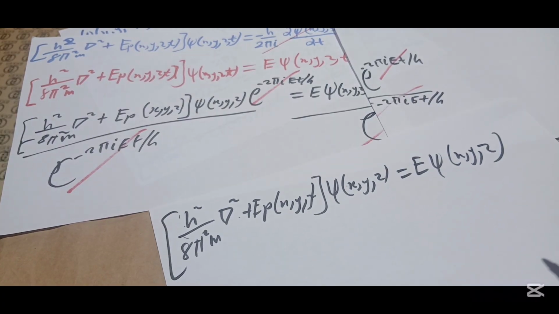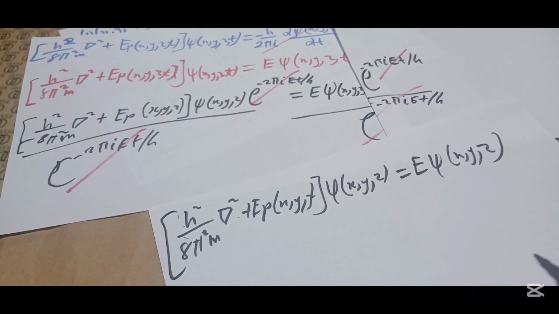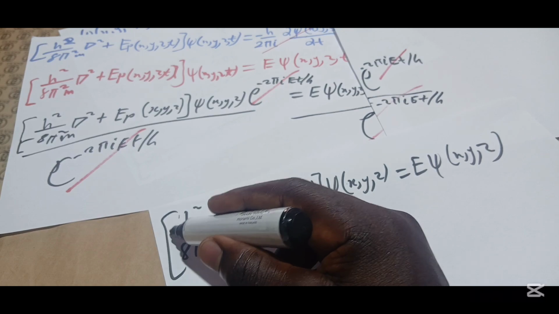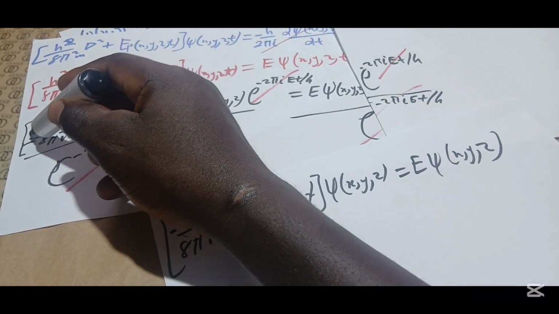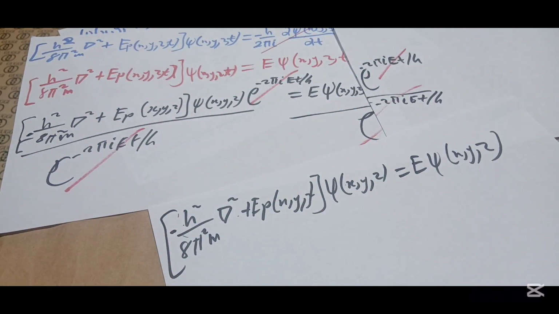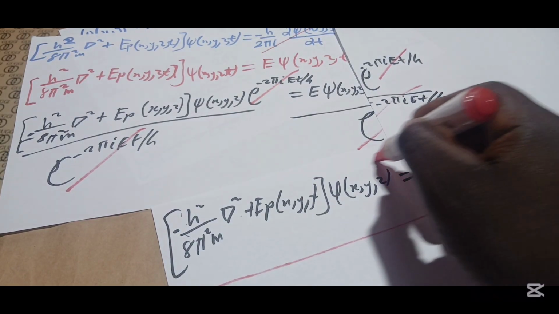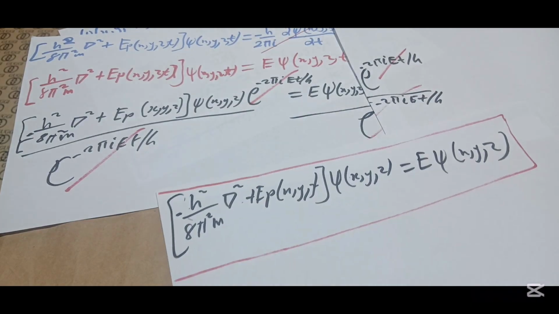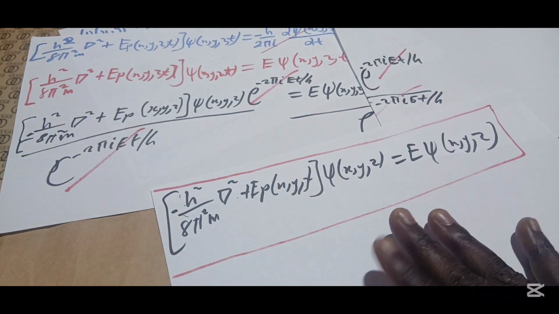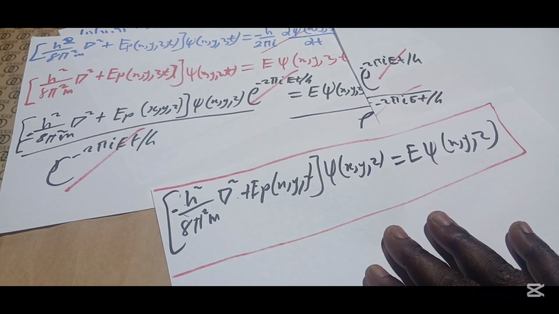So this right here is our time-independent Schrödinger equation. Don't forget to bring a negative sign here. This is our time-independent Schrödinger equation.